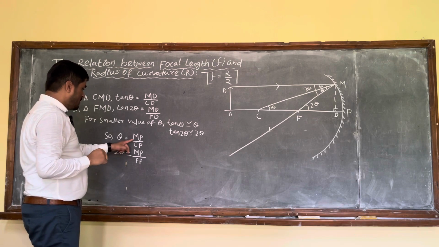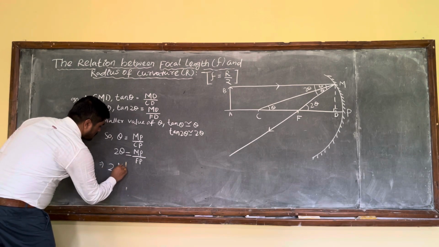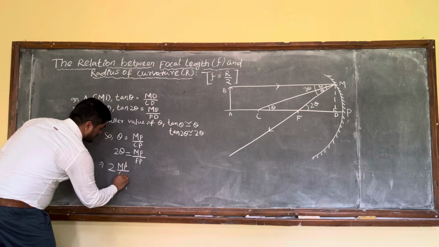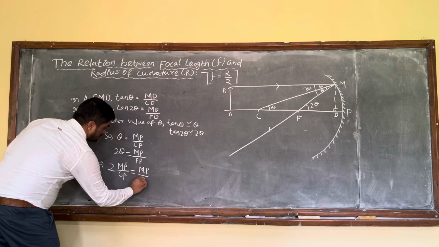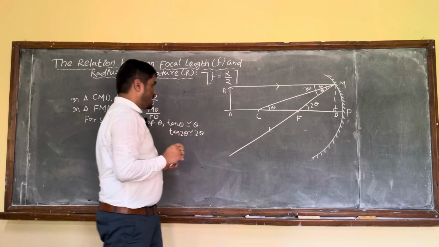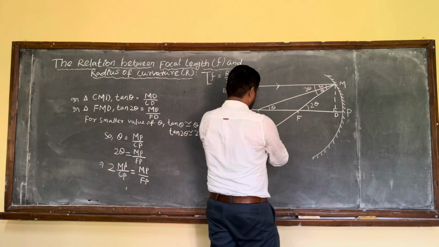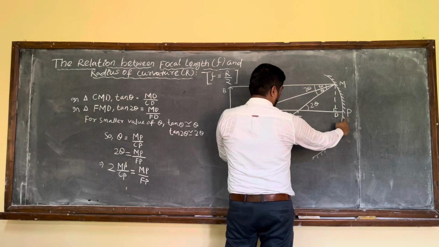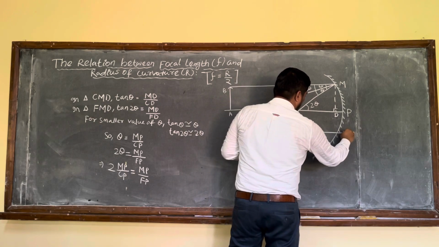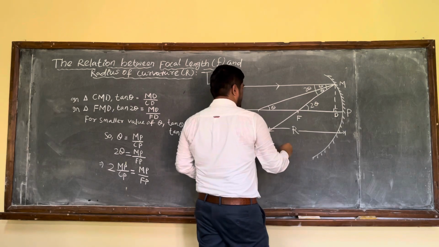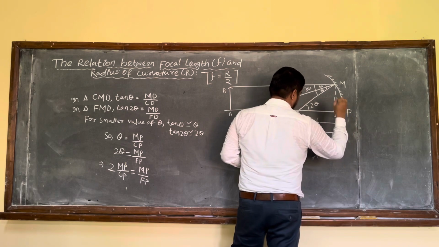So in place of theta you can write MP divided by CP. That implies 2 into MP divided by CP is equal to MP divided by FP. Here CP, the distance between the center of curvature and the pole, is known as the radius of curvature R, and FP, the distance between the focus and the pole, is known as the focal length.